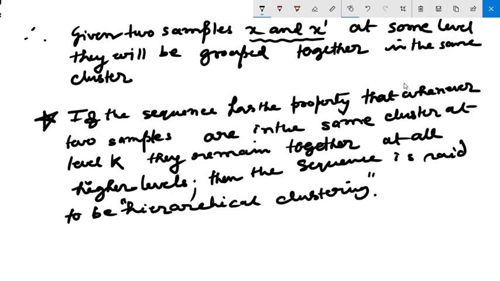Meaning is that we have levels. Okay, we can start with the n points, and then we'll group them together based on the similarity. That means which are the two points nearer. Based on that, you can group them together, and at each level this grouping will happen, and finally you will get a cluster. So that will maintain the hierarchy.